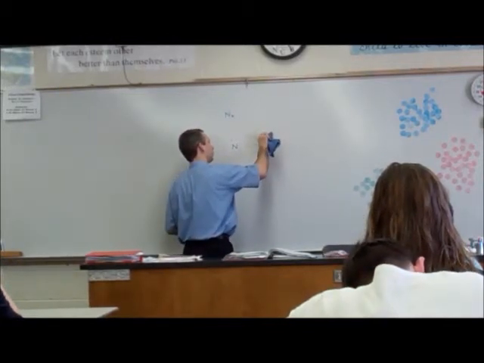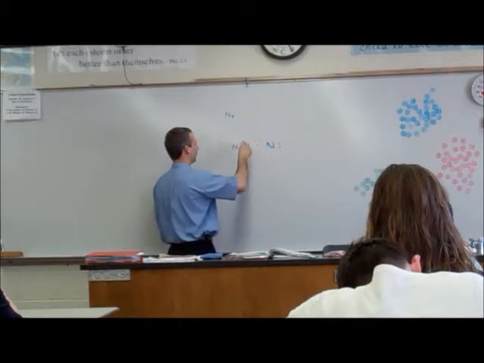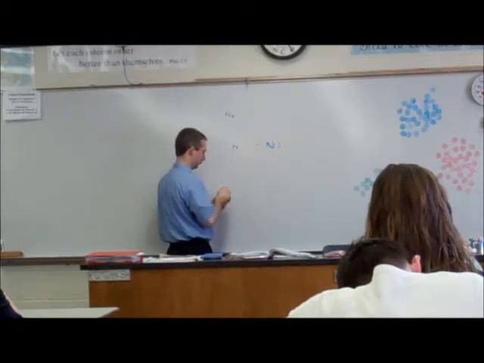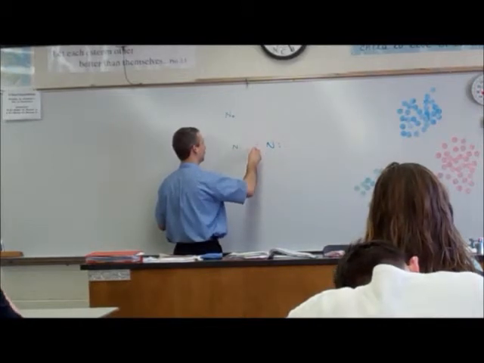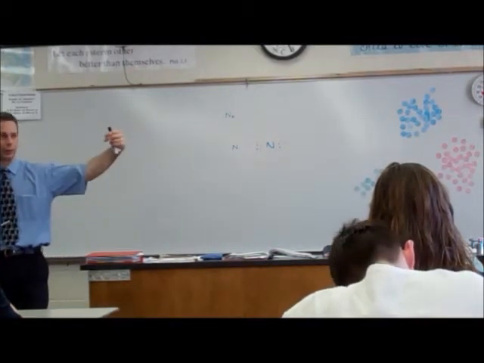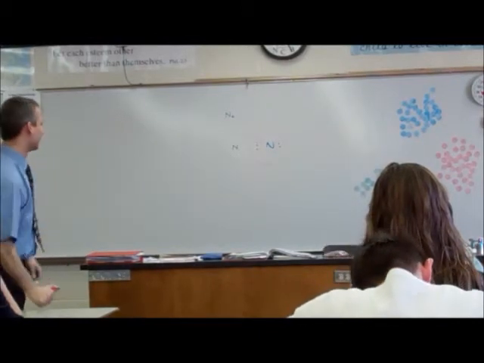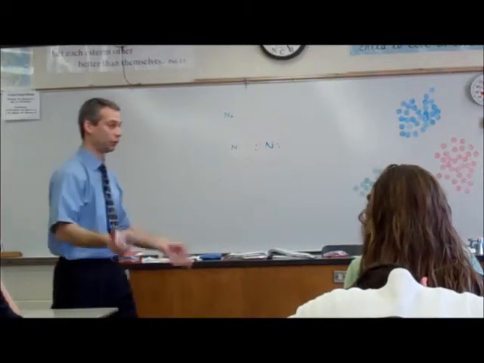All right, take this lone pair, and put the electrons like this, perhaps, and make a triple bond between the nitrogens with lone pairs on the ends. Everybody now has 8. That explains the stability of nitrogen in the atmosphere.